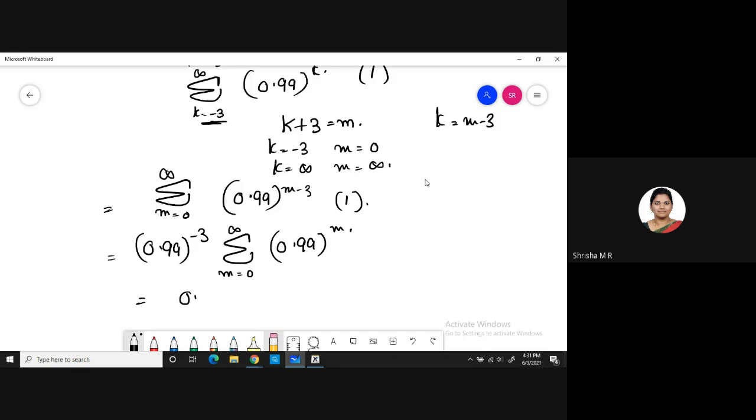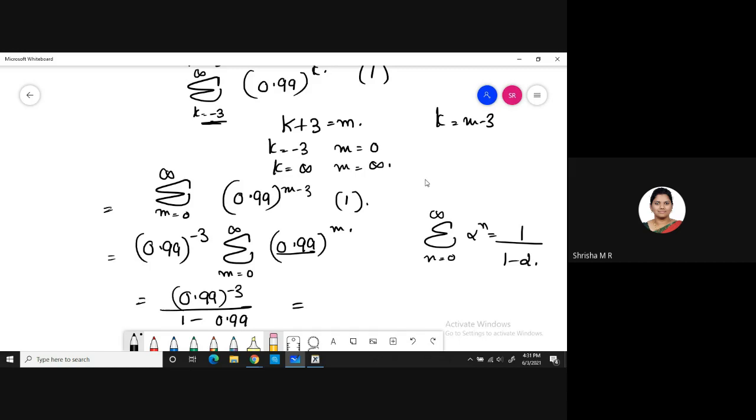So you have 0.99 to the power of minus 3 times, this is of the form summation n is equal to 0 to infinity alpha to the power of n, which is 1 by 1 minus alpha. Alpha is 0.99. So you have 1 by 1 minus 0.99.